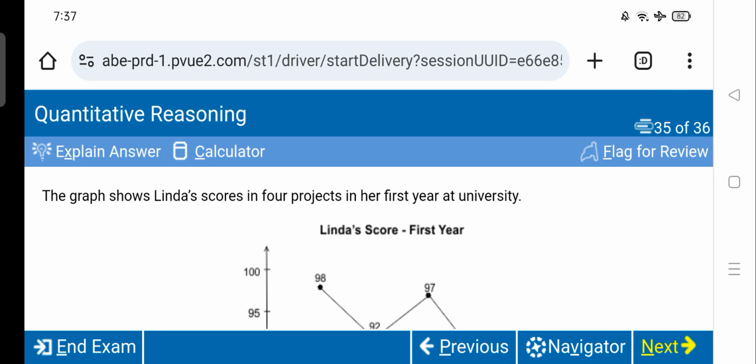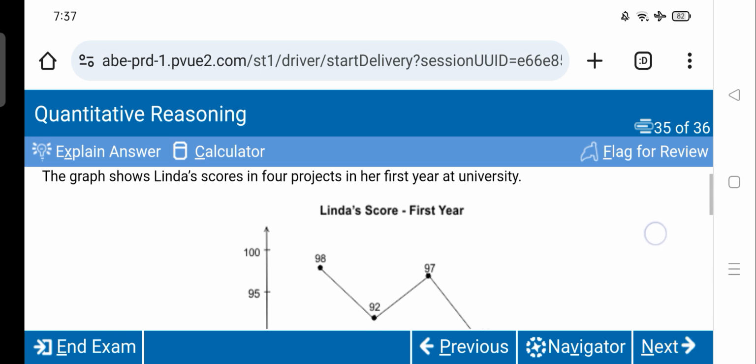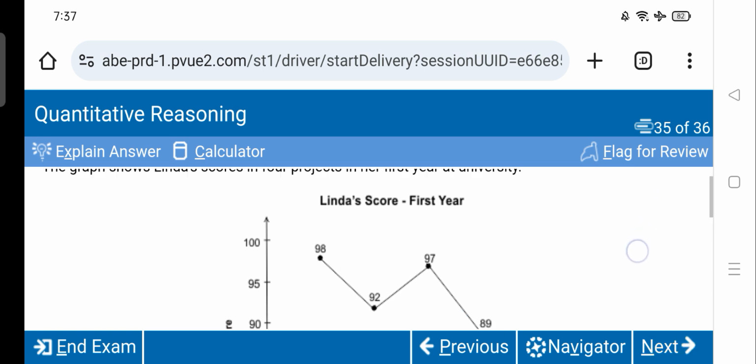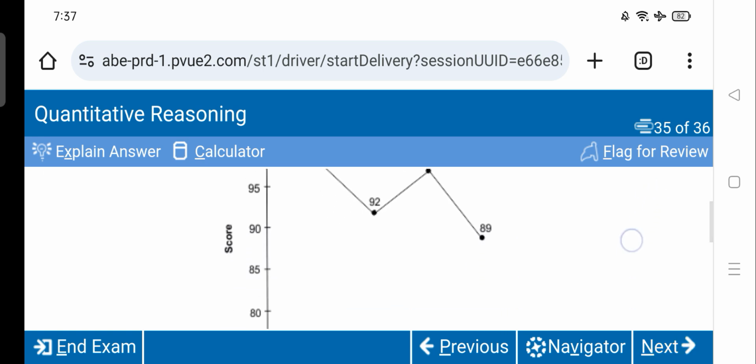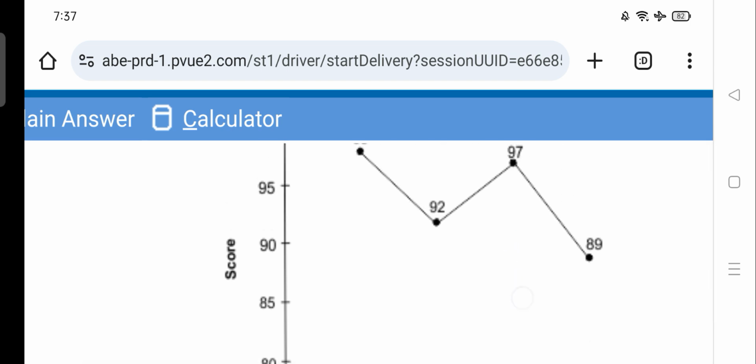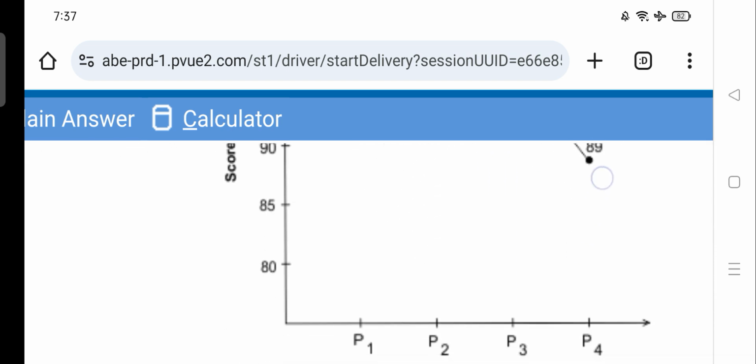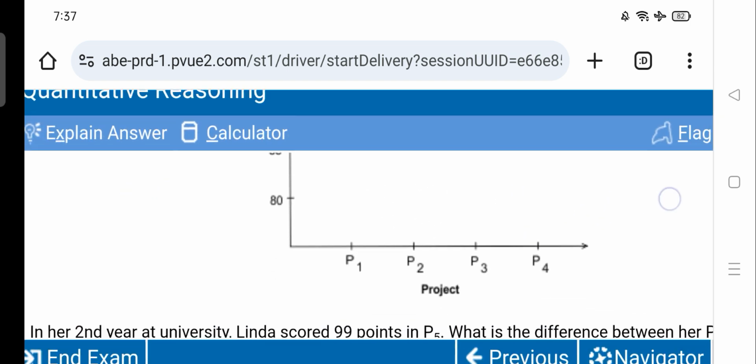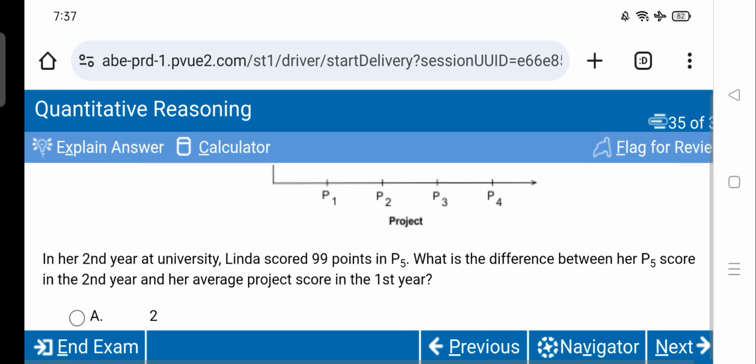The next question: the graph shows Linda's scores in 4 projects in her first year at university. So we have Linda's scores in the first year, these are the scores, and these are the projects. The question is, in her second year at university, Linda scored 99 points in P5.